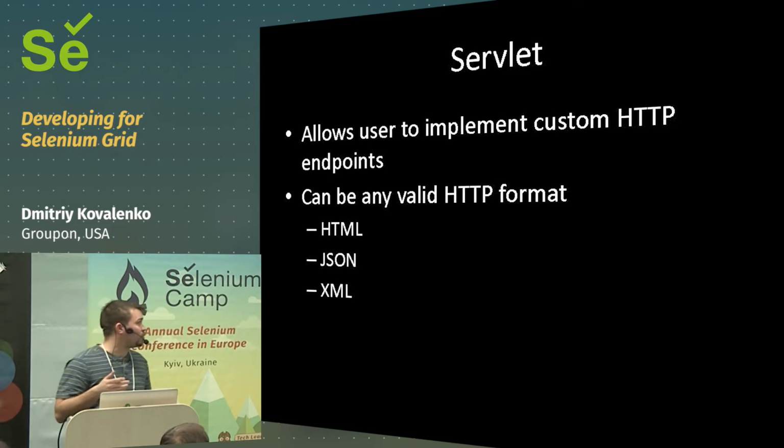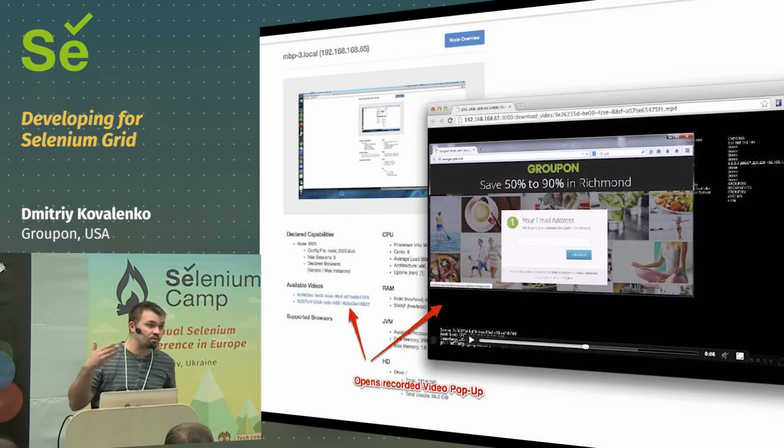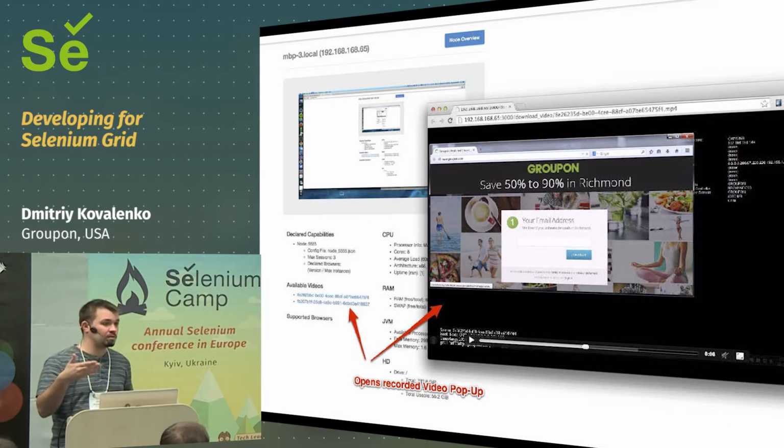And you can do any response type that is HTTP format. So if you wanted to do some HTML on the hub, you can override the default console to give you more of a current view. In this scenario, the image that you see in the top left corner is actually the current screenshot of the node.